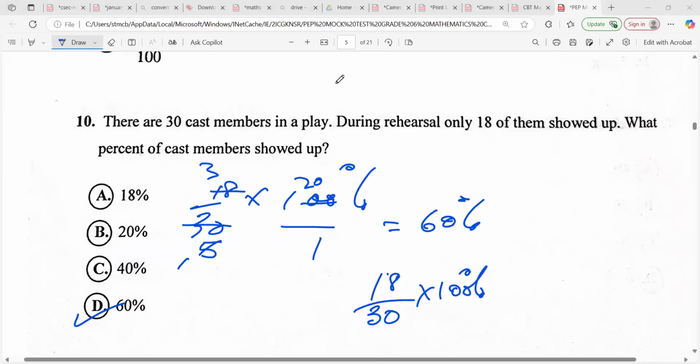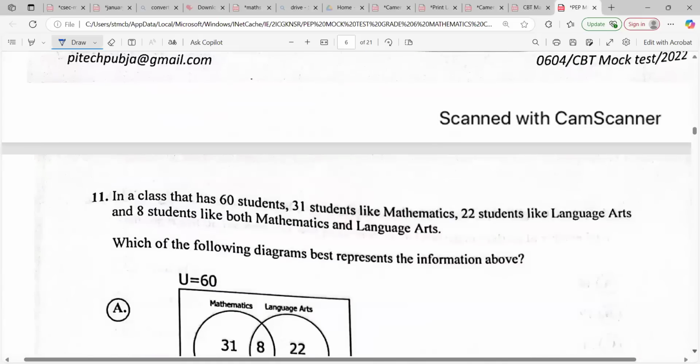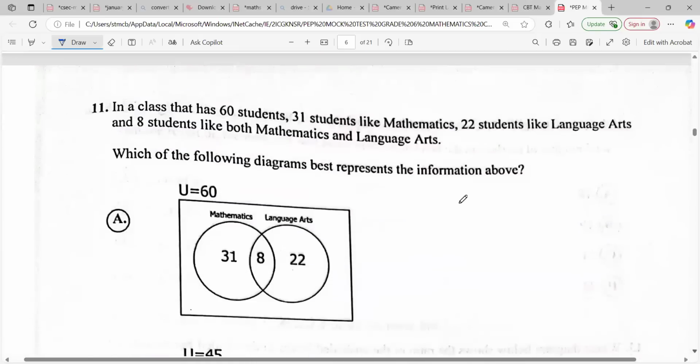Kylie, how many did not show up? What percent? All right, we're not hearing Kylie. But anyway, guys, they didn't ask that. Further on, we probably can do that.